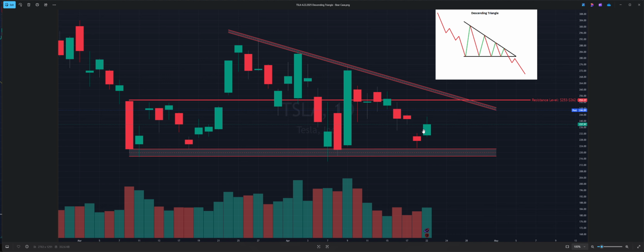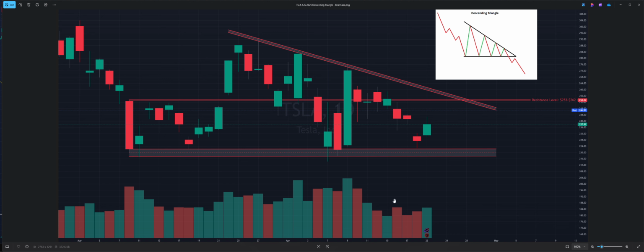So you want to see Tesla get above that 291, $300 level, break out of this thing, come back down and retest this level. That would be your bull case scenario to say, okay, Tesla is in a new cycle. But right now, there's no confirmation of Tesla being in a new cycle.